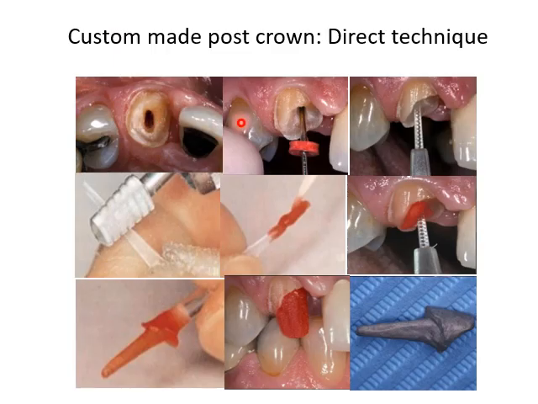This is an illustration of the direct technique. After the crown preparation, we remove the guttapercha from 2/3 of the root canal. Then we select a proper size of plastic post and check it inside the canal. Then we make a serration on the external surface of the plastic post, to ensure the attachment of the wax or resin on it.